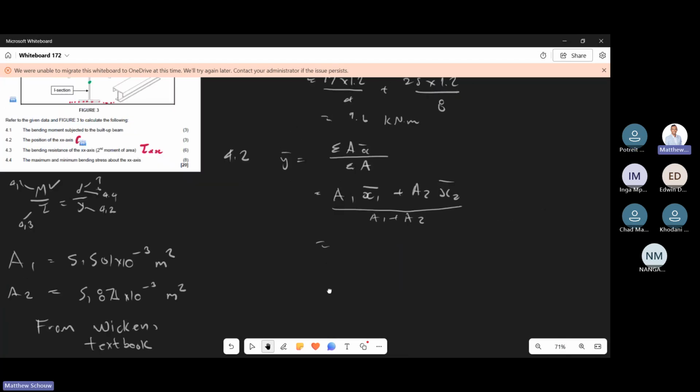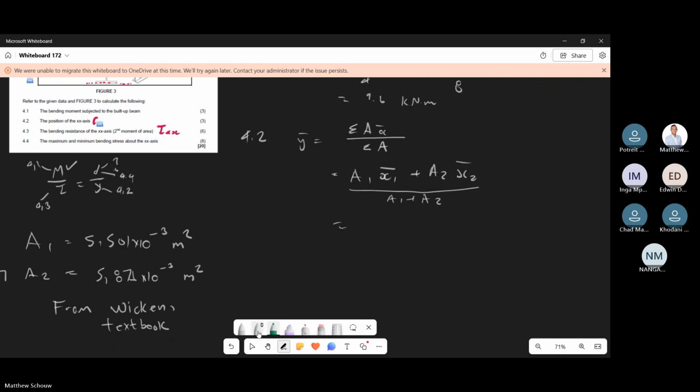I'm going to fill in some of these values so long. So it's 5.501 times 10 to negative 3. And then we must find the height on the steel table and then divide it by 2. Okay, can we find the height quickly? 5.876.